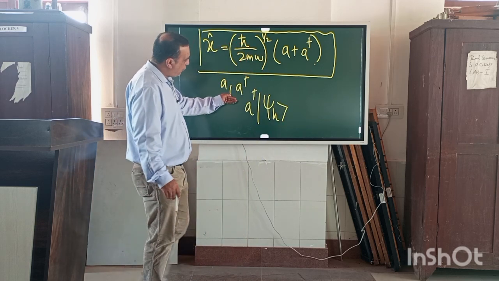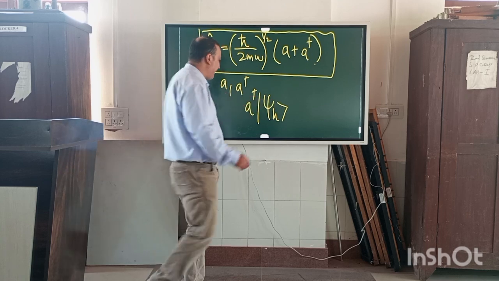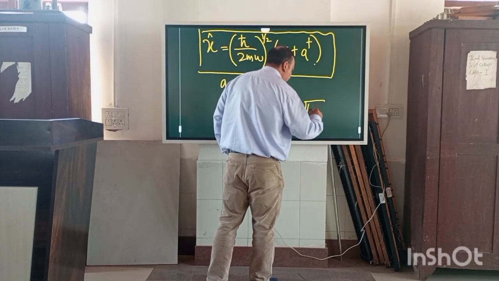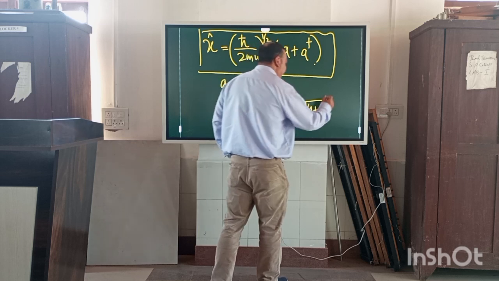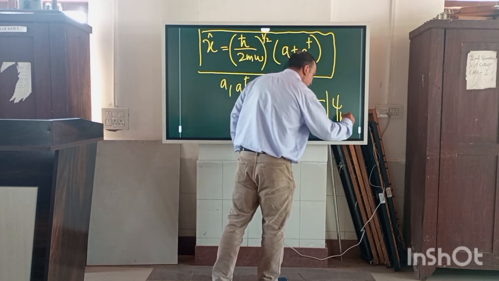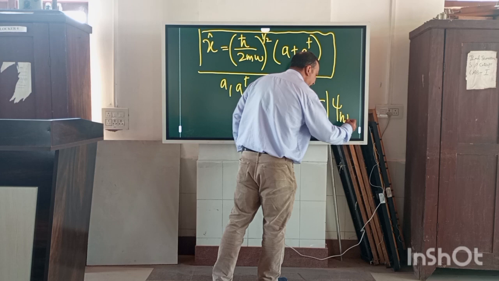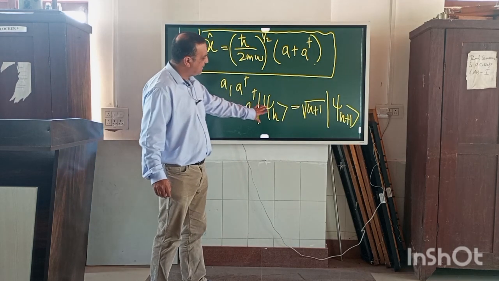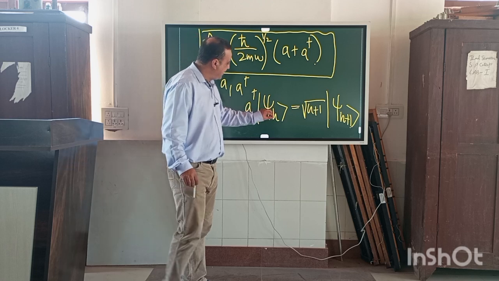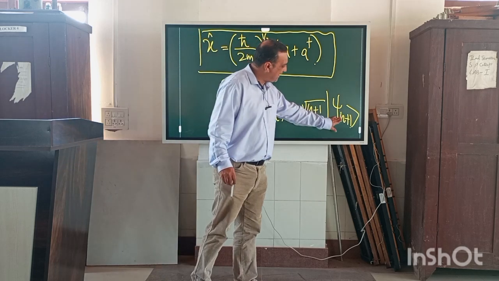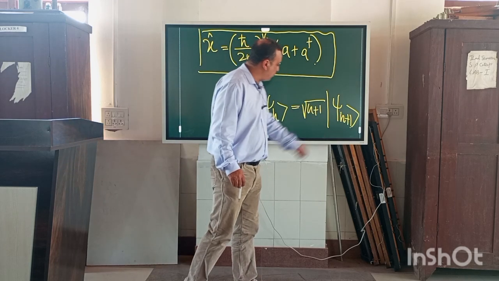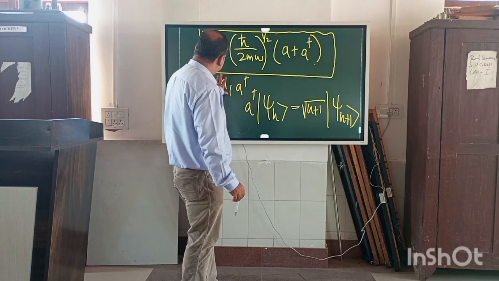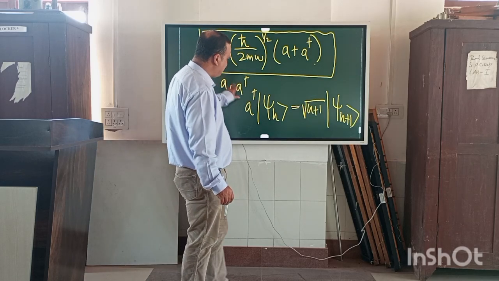Once this creation operator acts on the state psi n, it will reflect n plus 1, and your state will go up by 1. So acting the creation operator on the state psi n will take the state psi n to the state psi n plus 1.